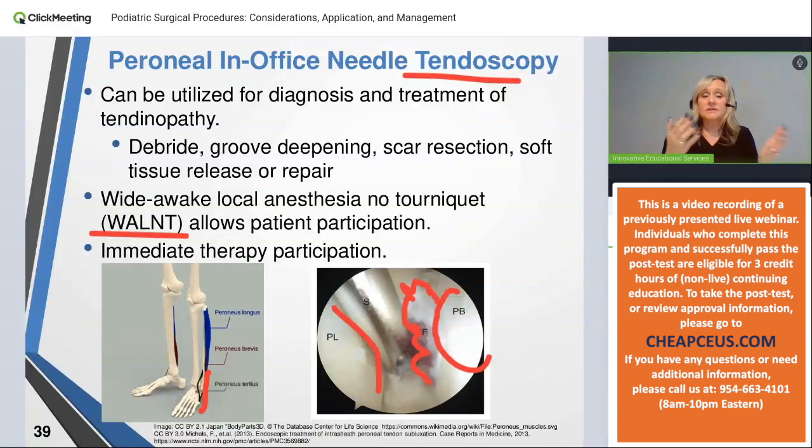And what they're finding is that these patients then can get up and have immediate participation in therapy because we're basically treating a tenosynovitis that has developed. Just debriding it and cleaning it out allows that tendon to glide, and then we can get them on with strengthening, proprioception, and moving on to their functional activities.